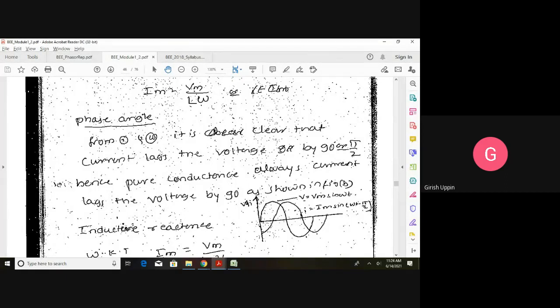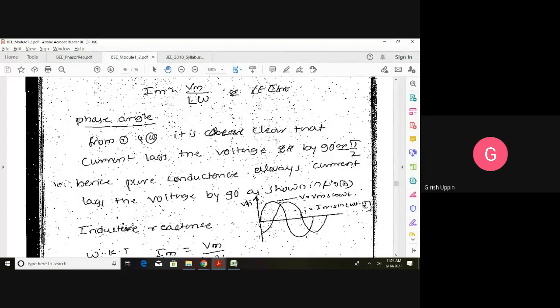So here you can see the waveform. This is the voltage which starts from 0, V is equal to Vm sin omega t, and in case of a pure inductance, the current is delayed by 90 degrees. So when the voltage becomes maximum, that is when the current starts. So there is a delay of pi by 2.